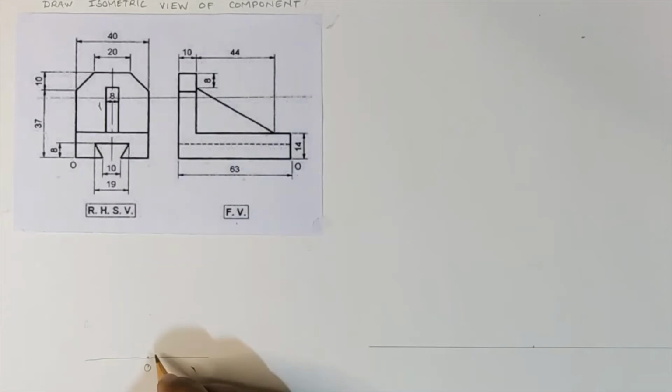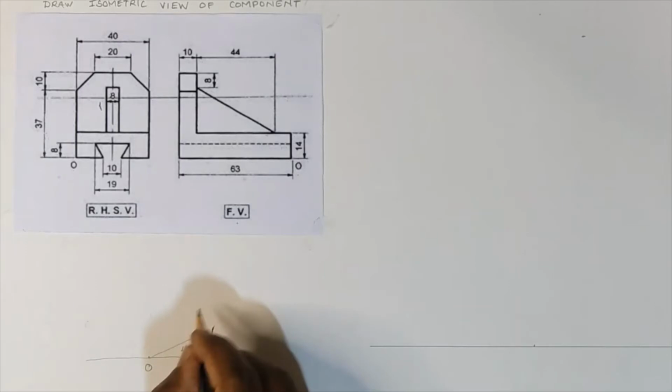Now I'll be drawing the axis line inclined at 30 degrees and taking distances of depth, length and height along the axis lines. So I draw the first line and take a depth of 40 mm. I have taken a depth of 40 mm that I obtained from the RHSV.